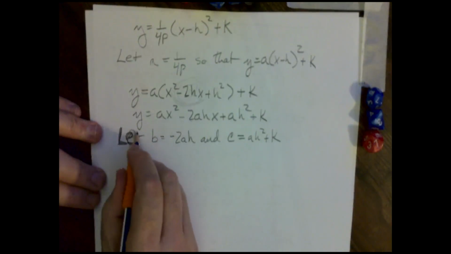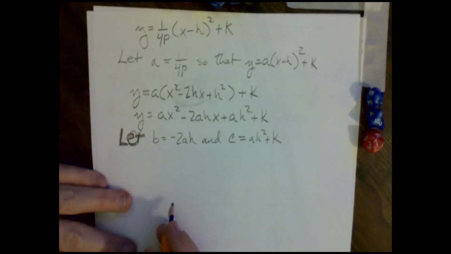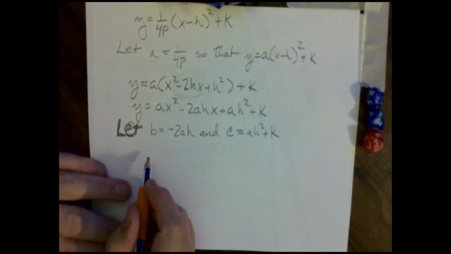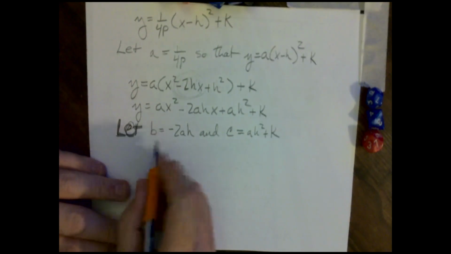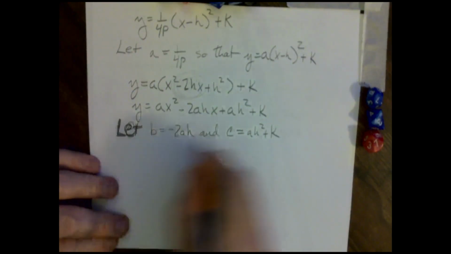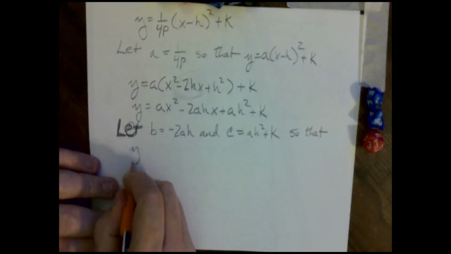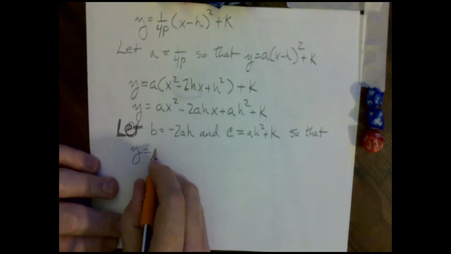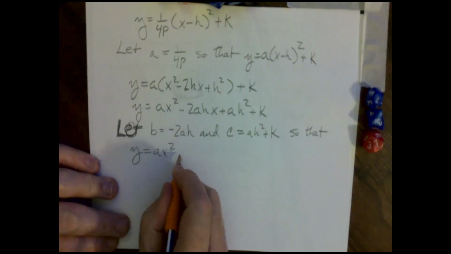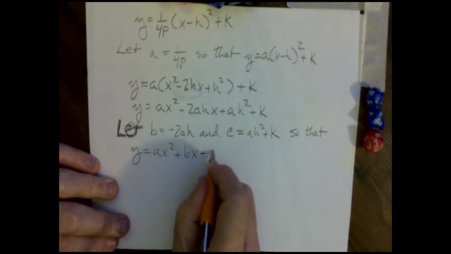Very powerful. Lets you do all kinds of stuff. Let. So now we let b be equal to this, c be equal to this, so that y now equals ax squared plus bx plus c.